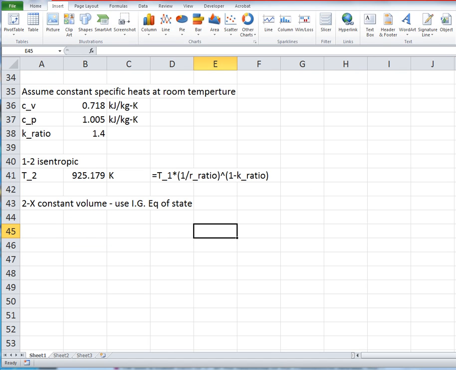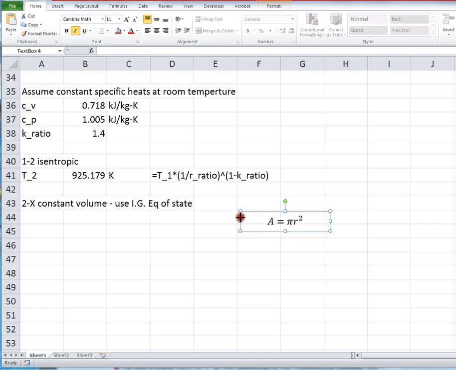Let's do it again. P2 times V2 divided by T2 is equal to the same thing at state X. So we can put in an X for this, X for this, X for that. That was easy.